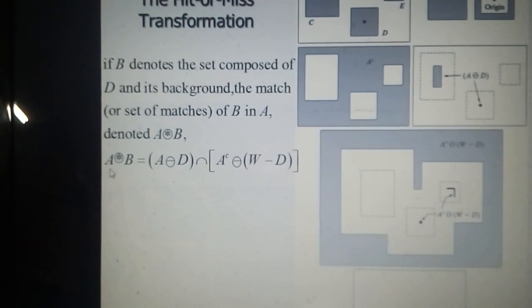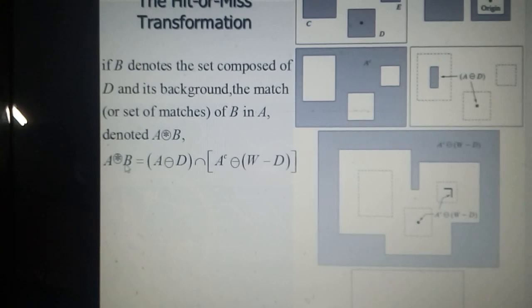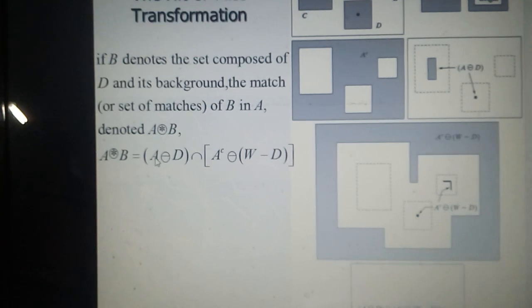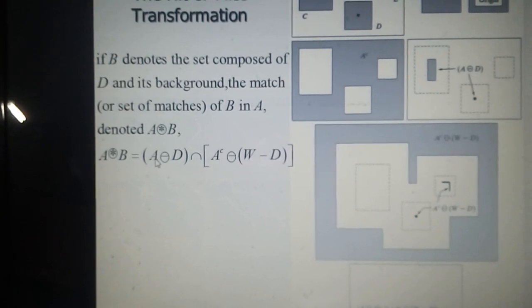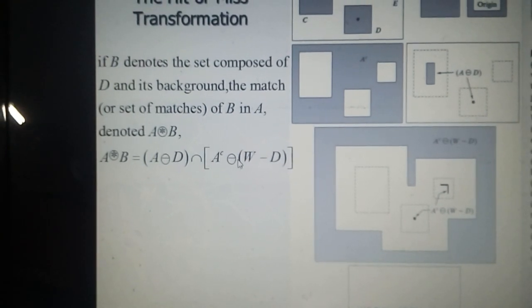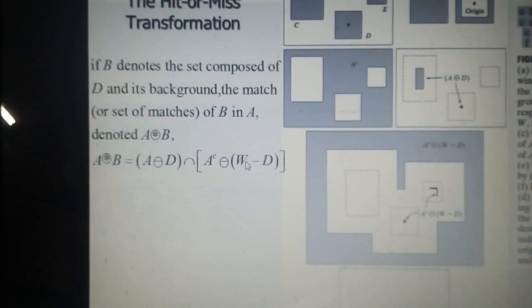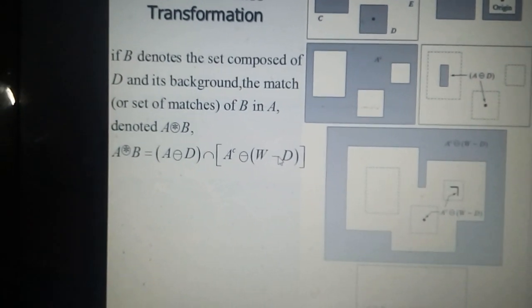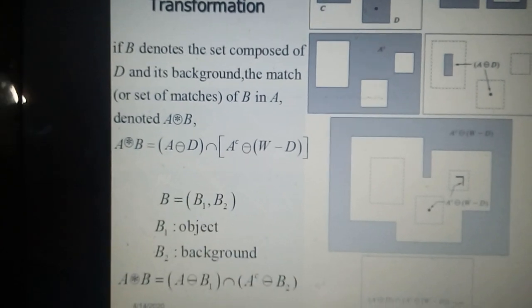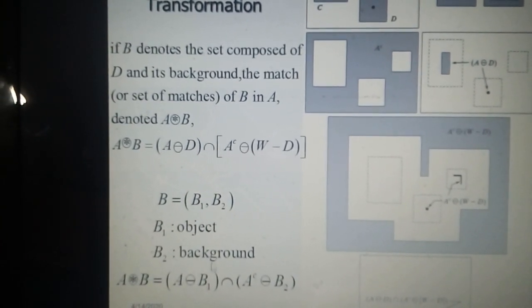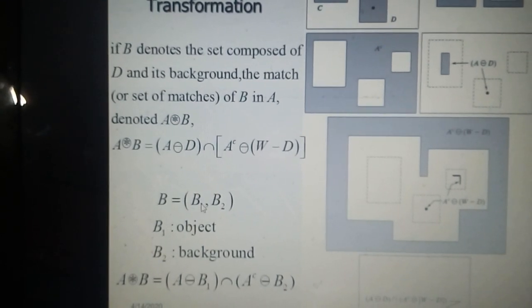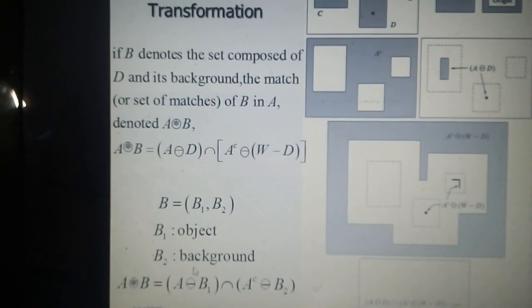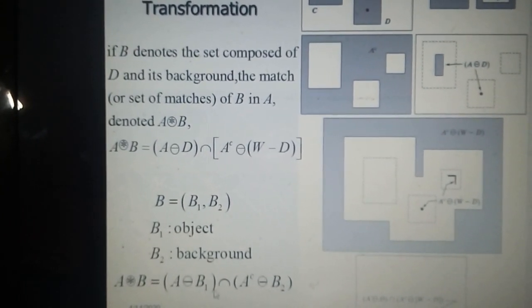Therefore the set of matches of B in A is nothing but the intersection of the set, that is, erosion of A by D, and erosion of A complement by the local background of D. Rewriting this in terms of B, by taking B equal to B1 comma B2, where B1 is the object and B2 is the background, we get the above equation in terms of B1 and B2.